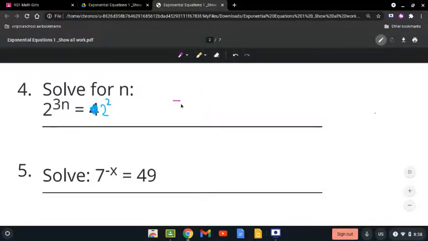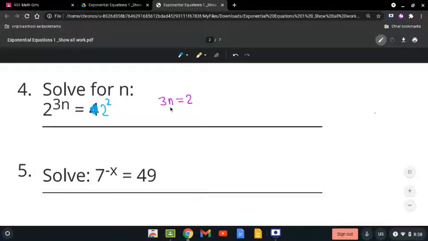But it may sound confusing, so we're just going to do it the same way and switch places. Here is going to be 3n, and here is going to be 2. We're just writing the exponents here. So now we have 3n equals 2.